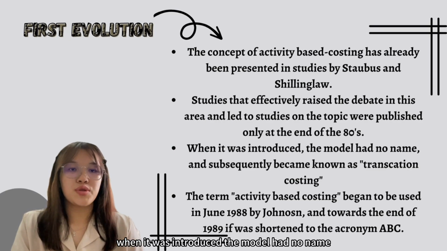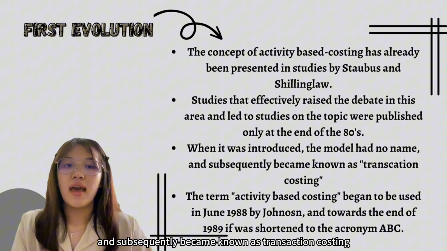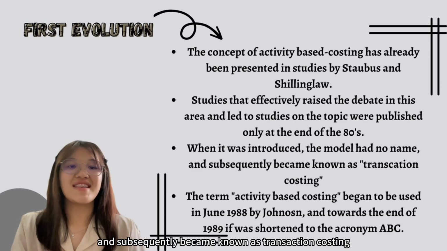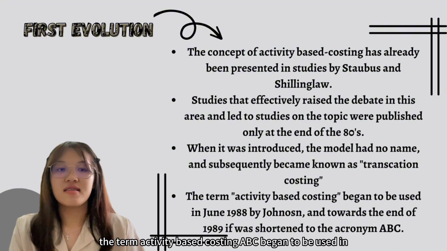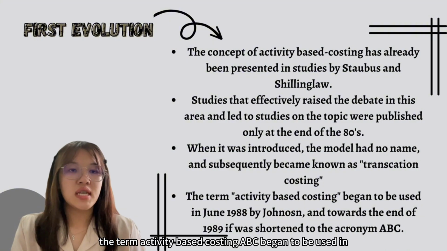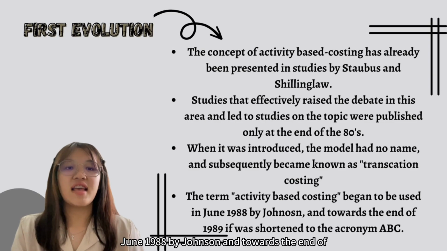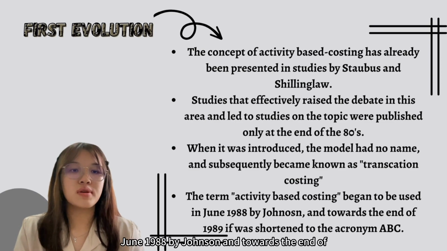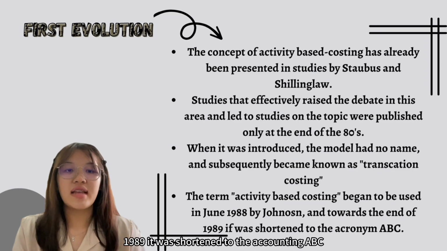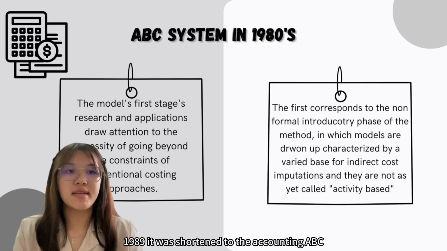When it was introduced, the model had no name and subsequently became known as transaction costing. The term activity-based costing (ABC) began to be used in June 1988 by Johnson, and towards the end of 1989, it was shortened to the acronym ABC.